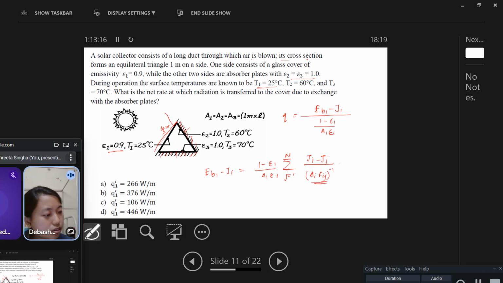Basically, the inverse 1 means it is in the numerator itself, so instead of this, we can write it like this also, Ai Fij.